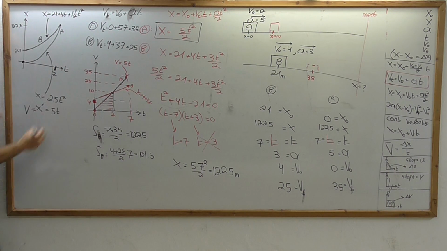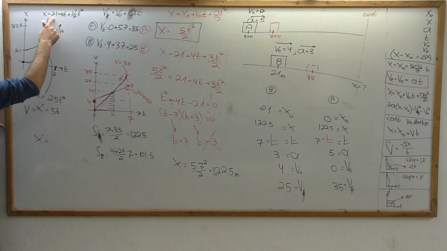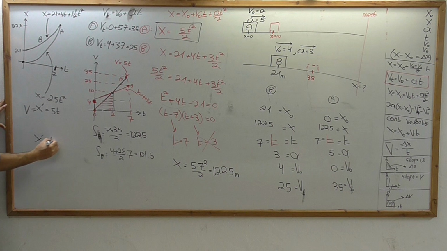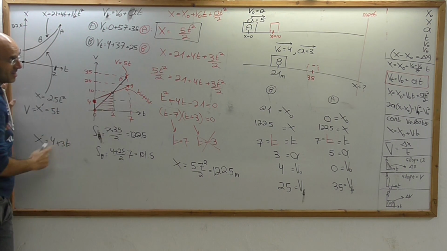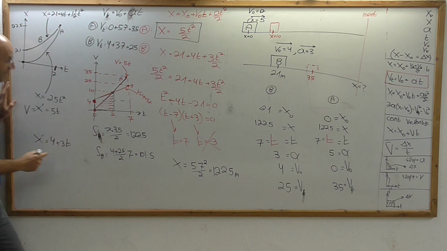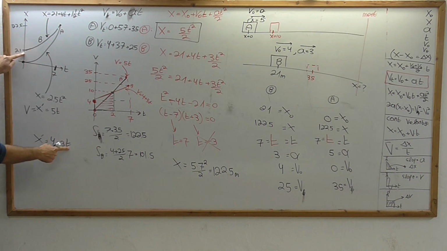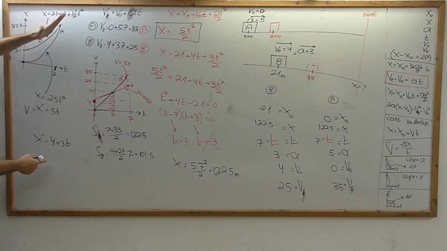If I derive this one, I get 0 plus 4 plus 3t, which is exactly the velocity versus time for B, exactly the same. If I place 0, I'll get 4, and the slope is 4. If I place 7, I'll get 25, so the slope here is 25. If you know this kind of math, it's nice to see how everything adds up.